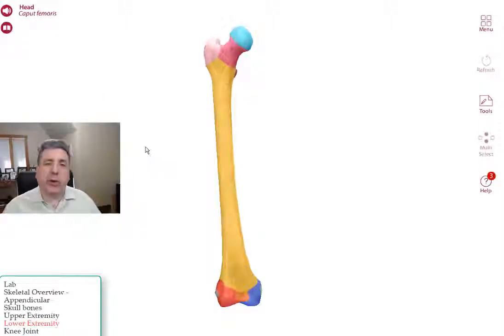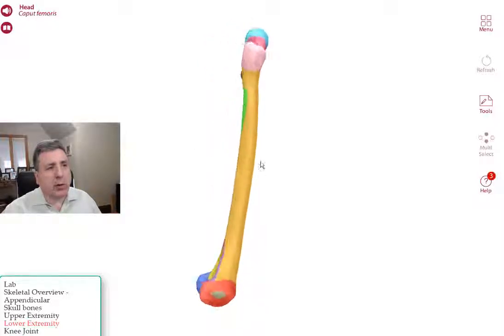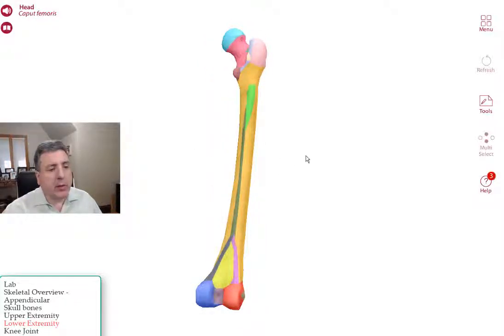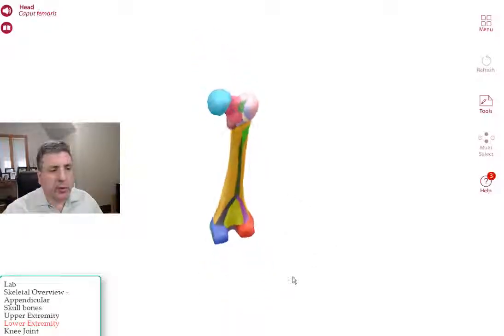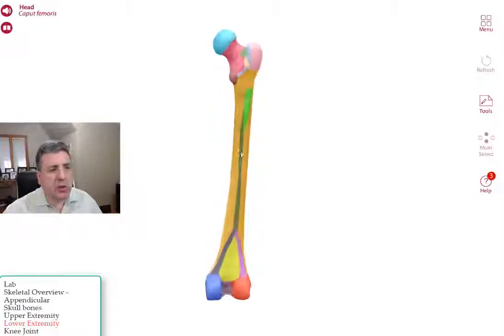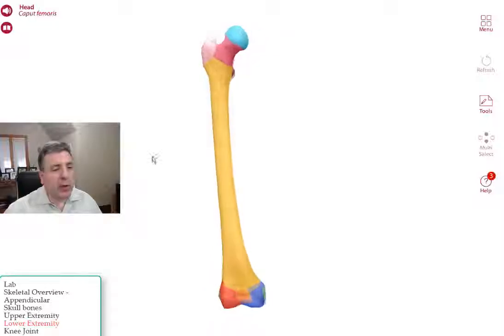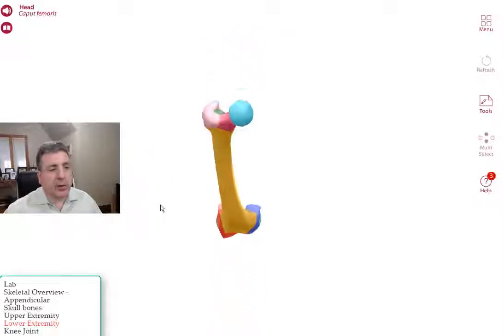Now we need to figure out what's anterior and posterior. If you rotate this around and look at the distal end, the distal surface, you can see this great big groove down in this area. That's going to be on the posterior surface. If you rotate it around, you can see it's really not there.